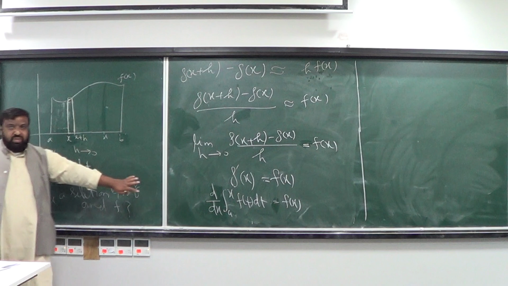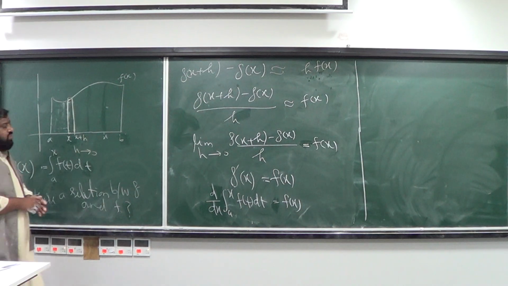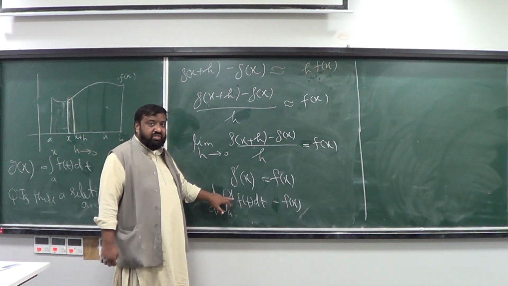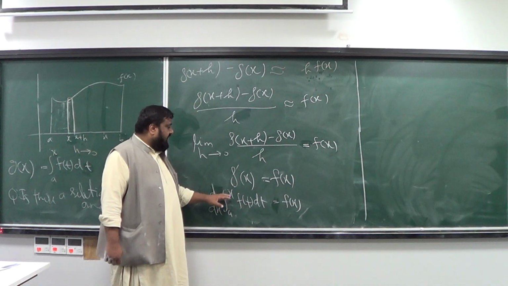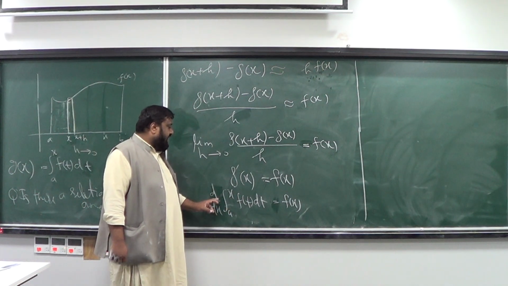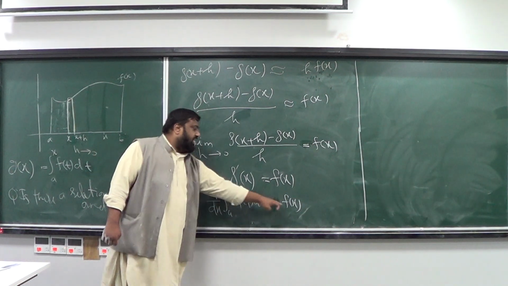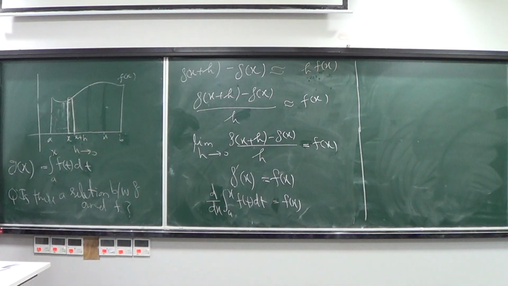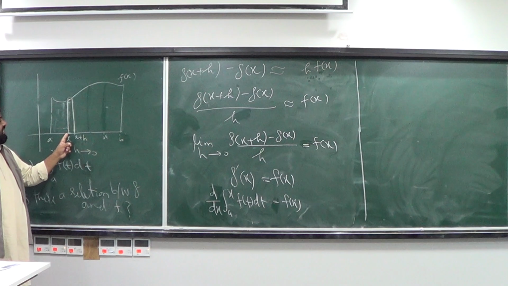So that's one way to make sense of it: if you have such an integral in which one limit is variable, and you differentiate the integral with respect to the same variable, then the outcome is going to be the integrand of the function. And we saw why this is true. Consider the areas from a to x and from a to x plus h, and consider their difference.